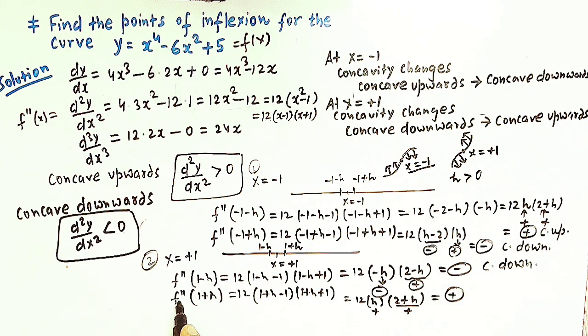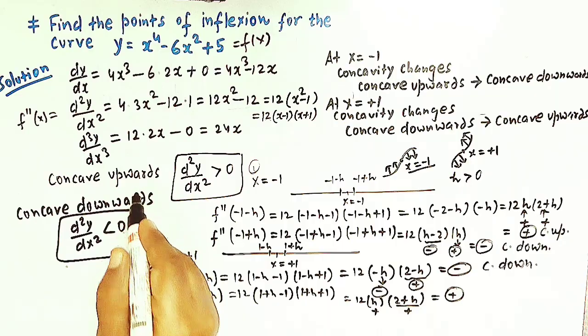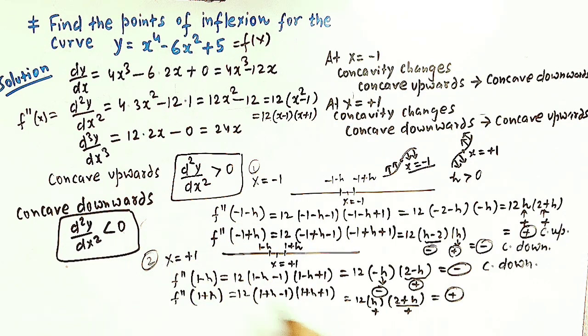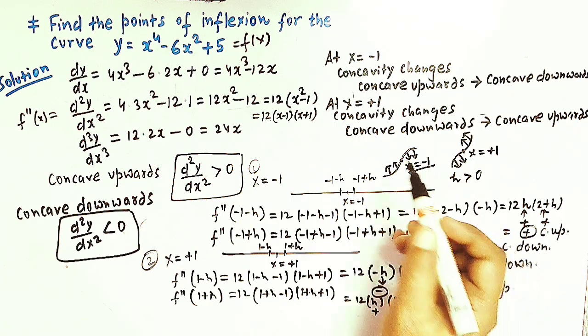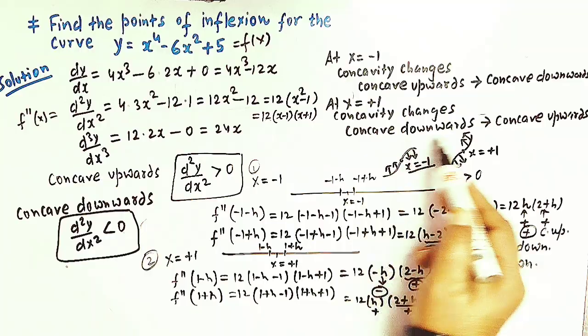And when the second derivative is positive, then we have the function as concave upwards, right? So we see that when we go from 1 minus h to 1 plus h through x is equal to 1, the sign of the second derivative changes from negative to positive. That is, the concavity changes from concave down to concave up, which is shown over here.